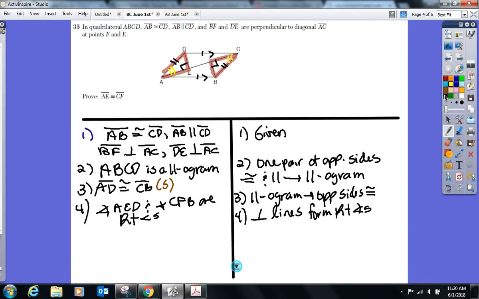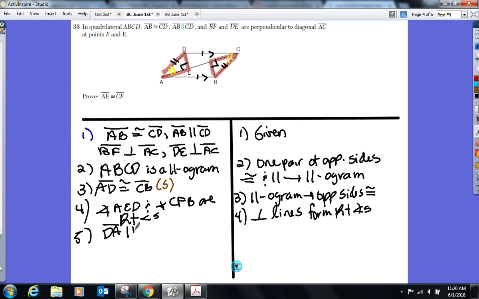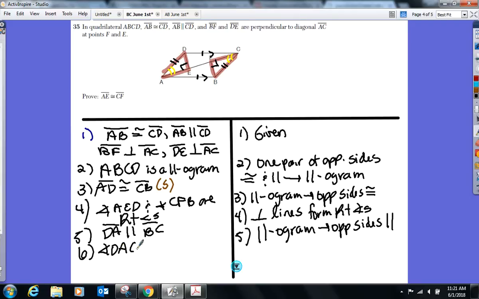Okay, so let's put it in first. I got DA parallel to BC. Why are they parallel then? It's a parallelogram property. Yep, perfect. Opposite sides parallel. Now you can say those alternate interiors are congruent, but you got to have the parallel lines first. Got to have the parallel lines. Not as smooth as I thought that was going to be. I thought it was going to be a little bit smoother on there and I could glide down easily, but nope.